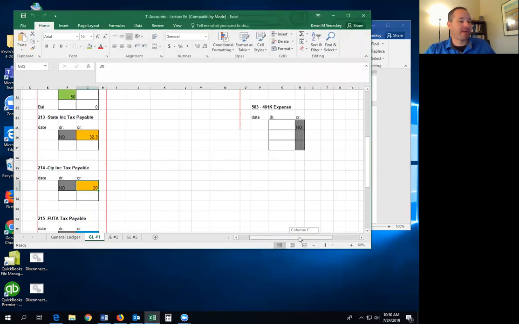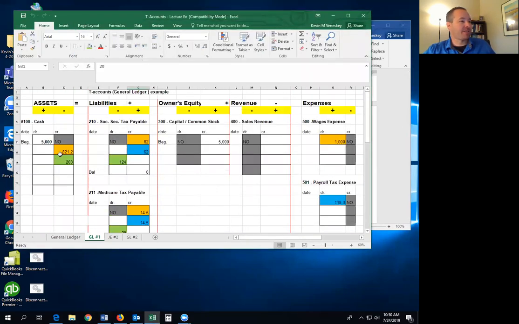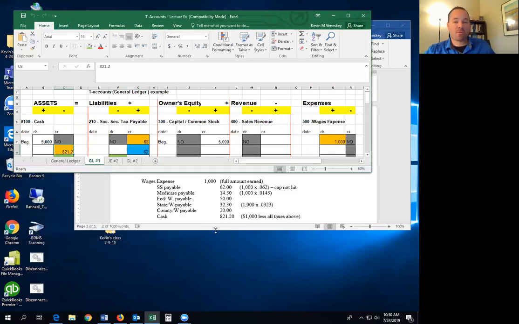And we're going to put that over here into our cash T account, the orange item, $821.20. So now if I would want to know what my cash balance is, I could simply take 5,000 minus the $821.20. And I can figure out how much cash I have in our checking account.